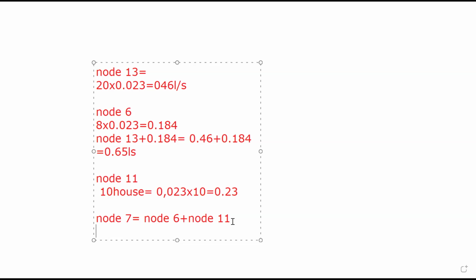Why did you consider only node 6 and 11 to get node 7, and you did not include node 8 that is close to it? You said node 7 is node 6 plus node 11. It should be node 6 plus 11 plus 4 houses. There are still 4 houses you didn't consider.